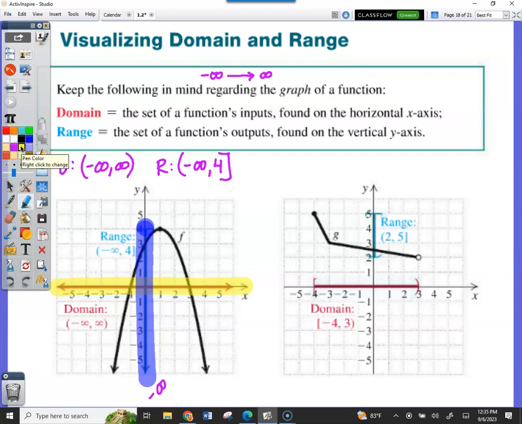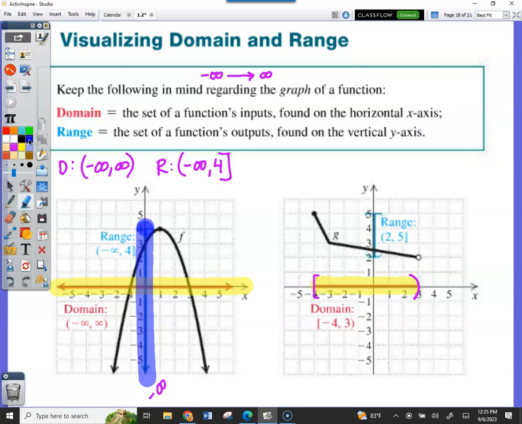So this graph, if I was to collapse it down to the x-axis, it would cover -4 up to 3 with an open circle on 3.